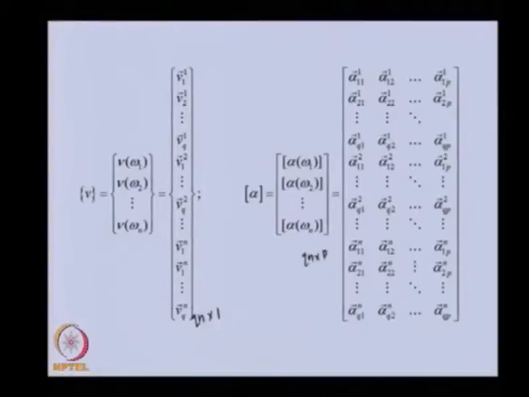The first is corresponding to alpha at omega 1 speed, and these influence coefficients correspond to omega 2. Some of them I have shown here, and these correspond to the nth speed, omega n. The size of these influence coefficients and the arrangement of these displacement vectors are now clear.